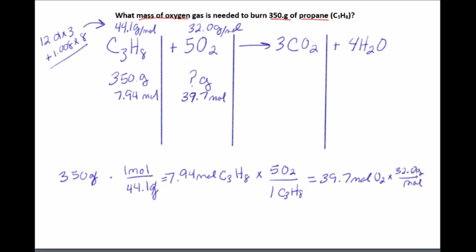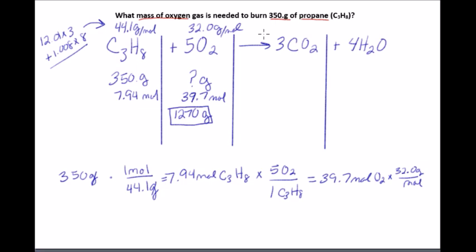Okay, and punch that into the calculator, and your final answer should be 1,270 grams. So let's erase that. 1,270 grams of oxygen. 3 sig figs, just like your starting data was, 3 sig figs. Okay.